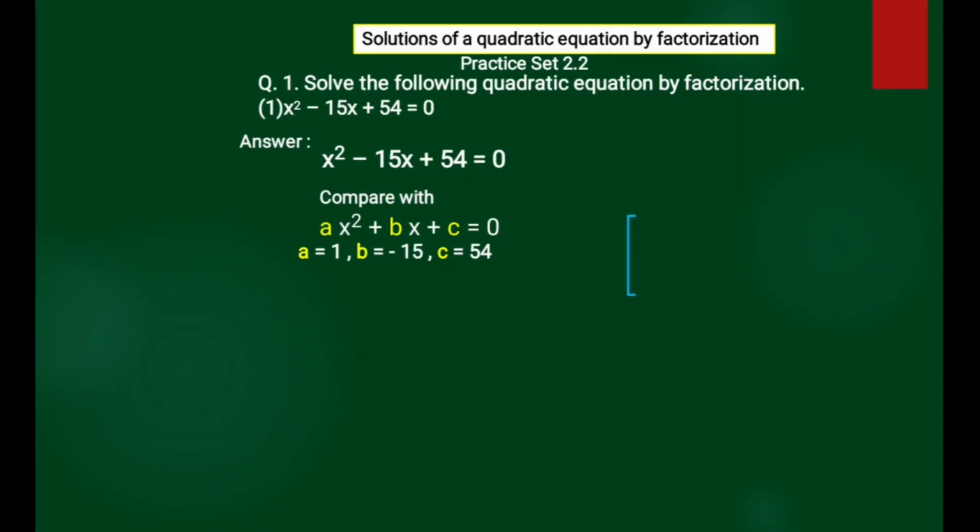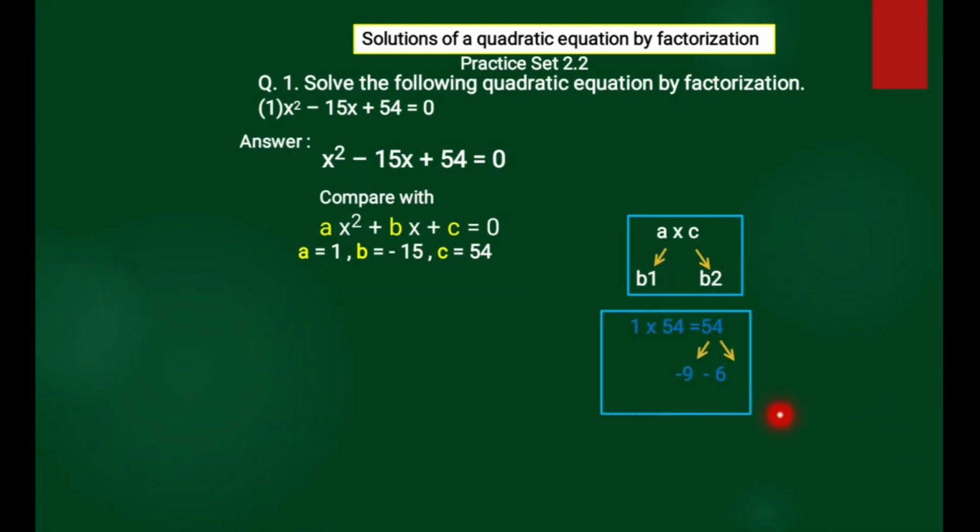So for this diagram we first multiply a with c, so a into c, and this product we split up in the form of b1 and b2. Why do we write b1 and b2? Because the sum of these factors must be equal to the value of b.